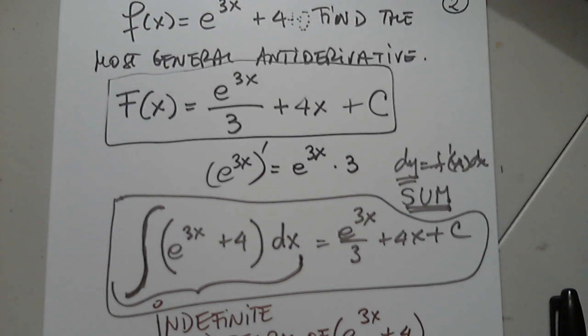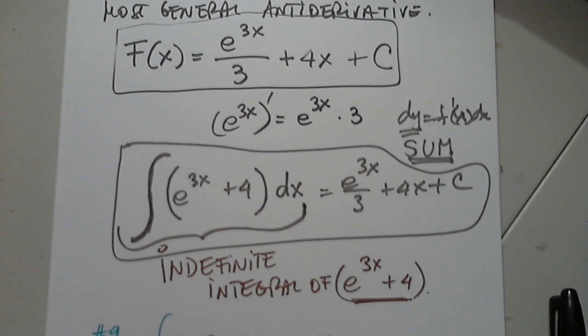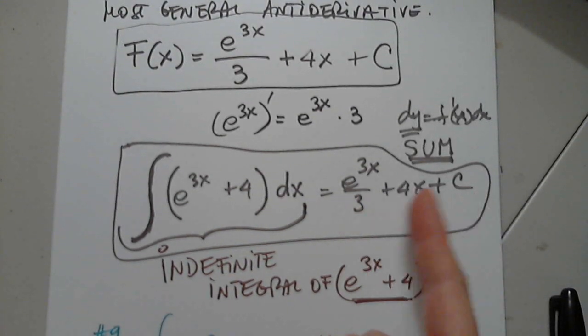Since the function is in t, I have dt. If the function is in x, I have to have dx. But the function is in t, so I have to have dt. Basically, find the most general antiderivative of this function.